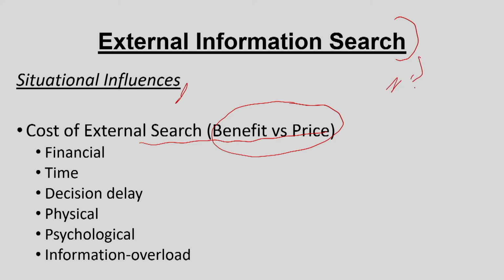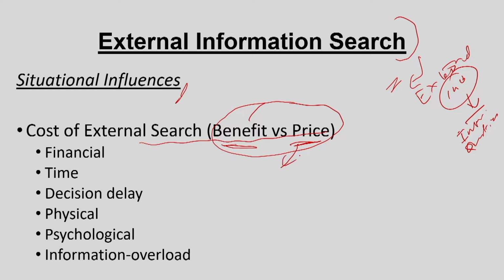If the information he is getting from the external environment is very high, and this information is rich, or answers most of the questions he has about his products, in those cases he is going to search for that information. So the price that he is going to pay and the benefit that he is going to get from this information search are equated, and the more the benefit and the lesser the price, the more the information search.